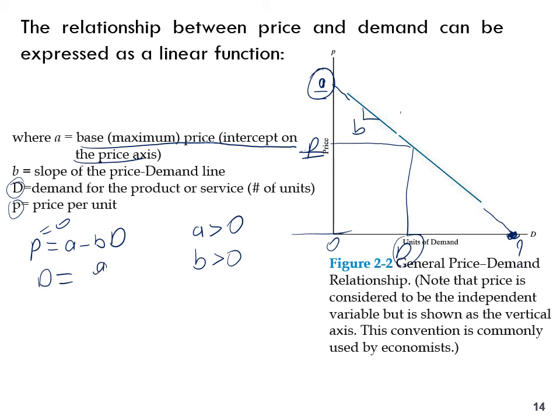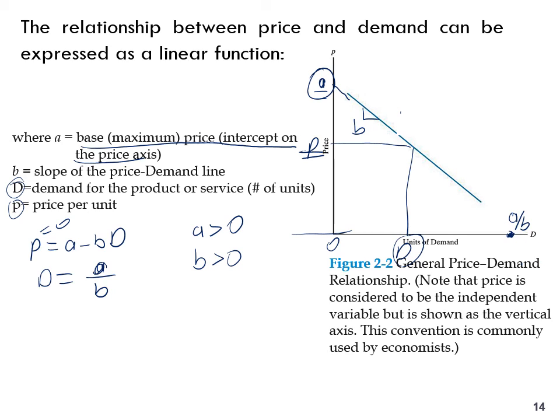A over B. So this point over here is now A over B, and if D is greater than A over B, then this curve goes to negative, and it's impossible.